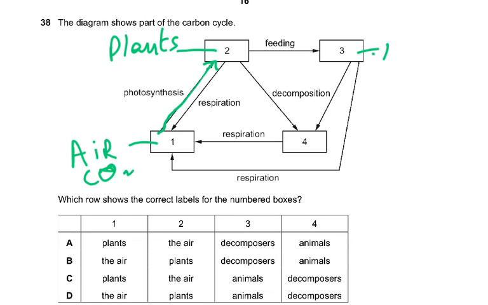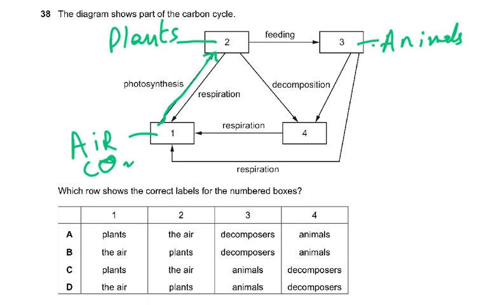Then feeding. This has to be animals. And 4 then of course is decomposition, so dead matter. So decomposers respire it and the carbon dioxide is returned to the atmosphere. So which row shows the correct labels for the numbered boxes?